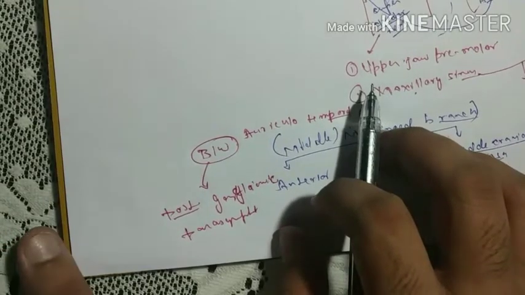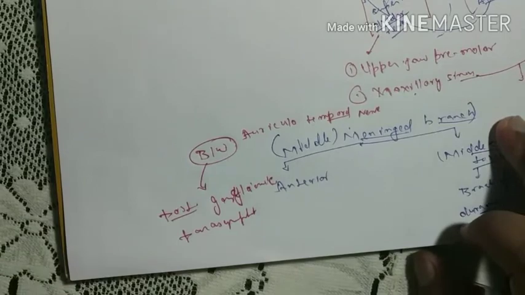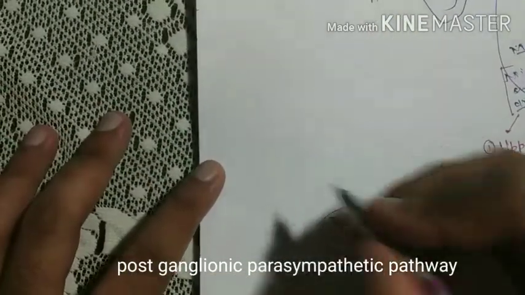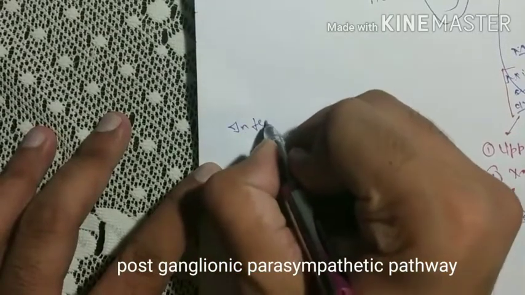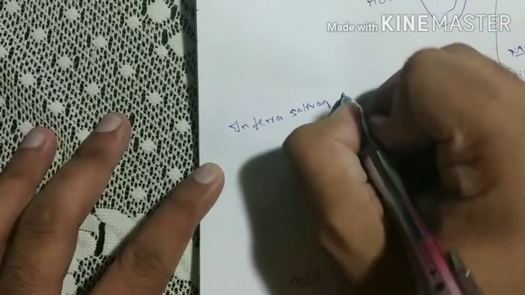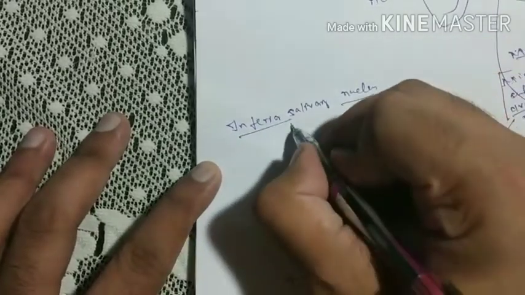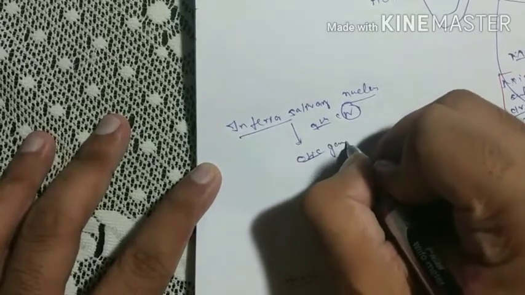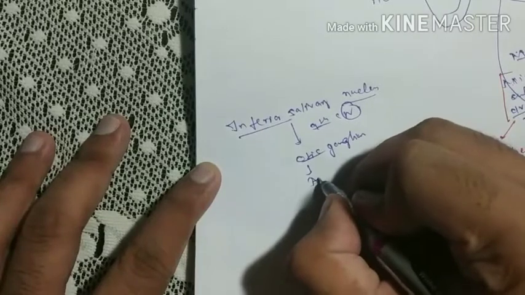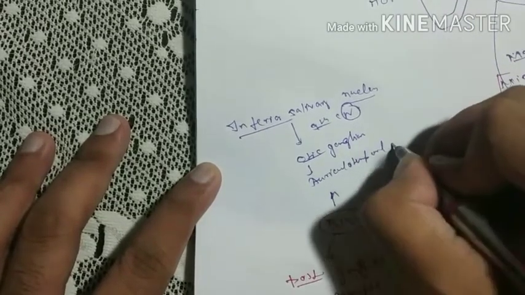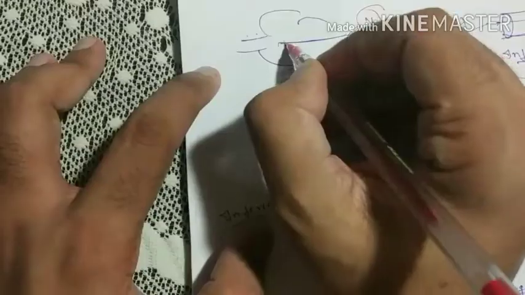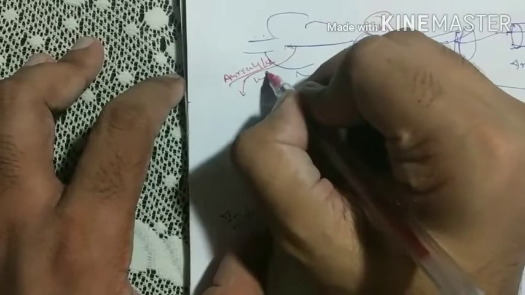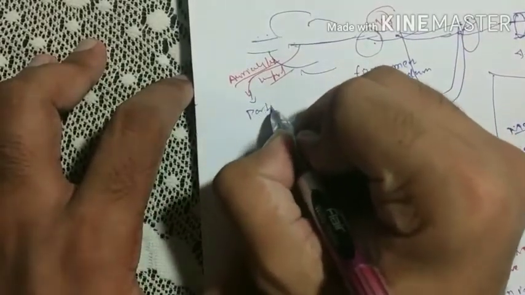A postganglionic parasympathetic nerve in which the inferior salivatory nucleus gives branches to the 9th cranial nerve, then to the otic ganglion, and then to the auriculotemporal nerve, which gives supply to the parotid gland.